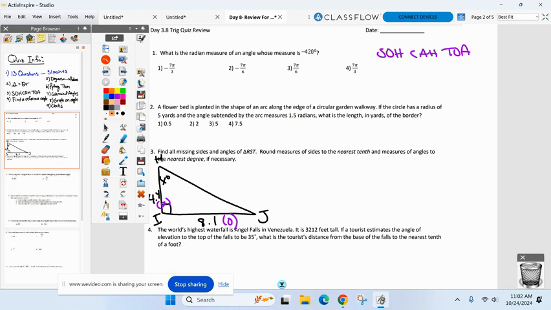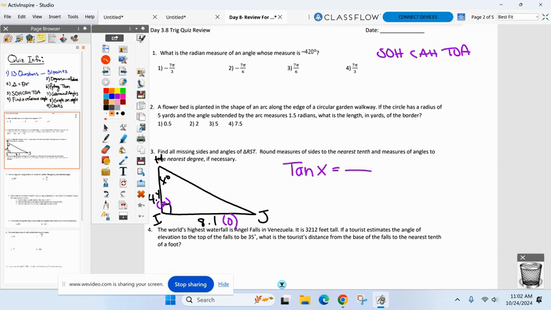TOA. That's great that you know it, but you've got to know what T stands for. Tangent. What's the abbreviation when I write the equation? TAN. And I always write the angle next to it. What's my angle? It's X. So I put X there. Now you've got to decide where the 4.4 and the 8.1 go.